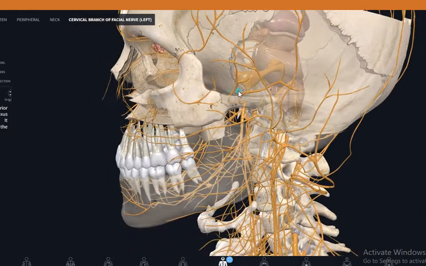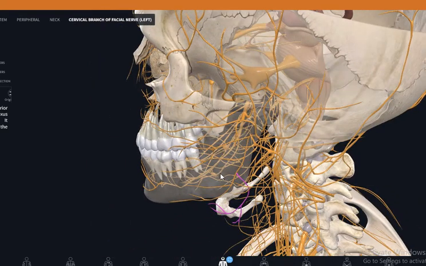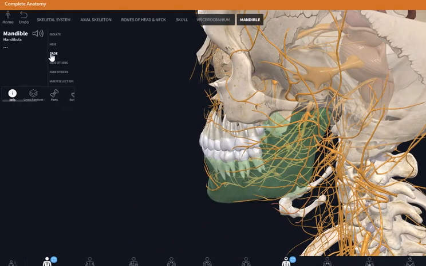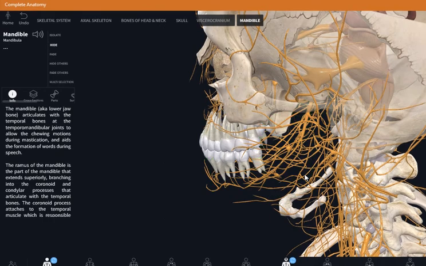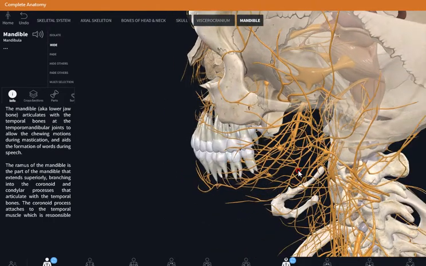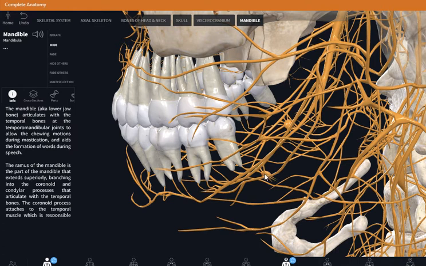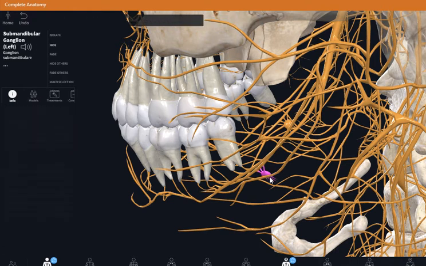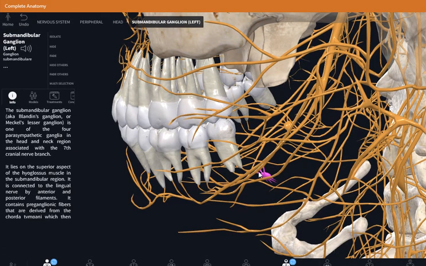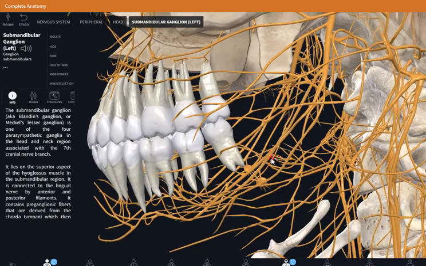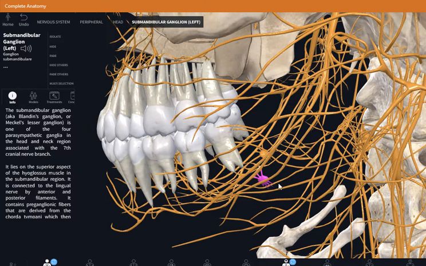Now we come here. If we hide the mandible this time, we see that there are certain ganglia present at this location. This particular ganglion here is called the submandibular ganglion. We have the submandibular ganglion on this side, and this one is the other submandibular ganglion on the other side. This left submandibular ganglion is one of the ganglia formed due to the parasympathetic fibers of the facial nerve.